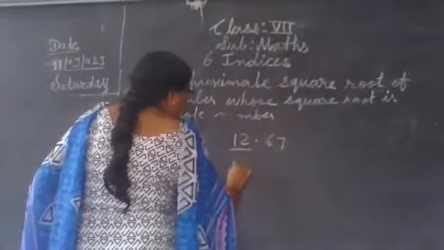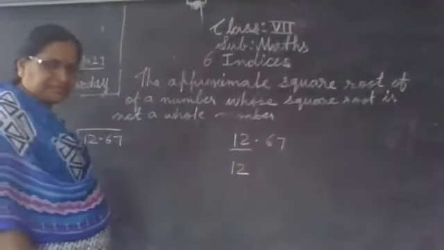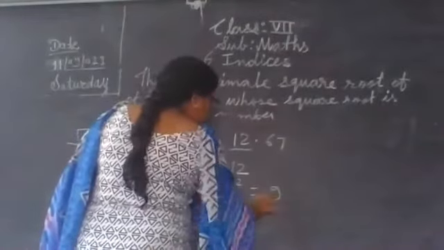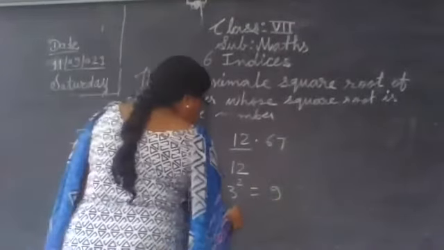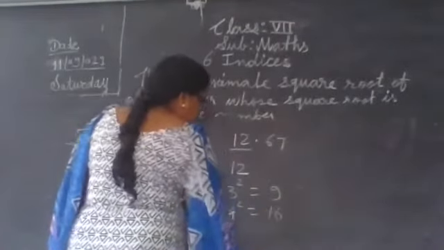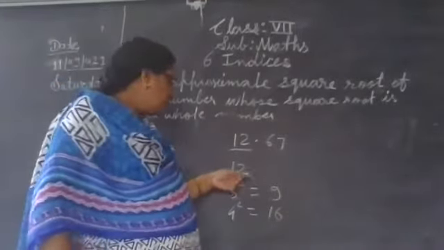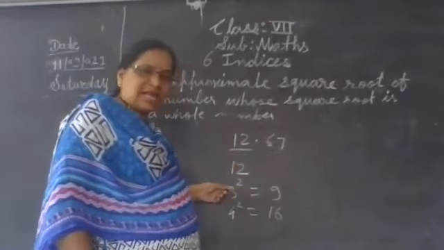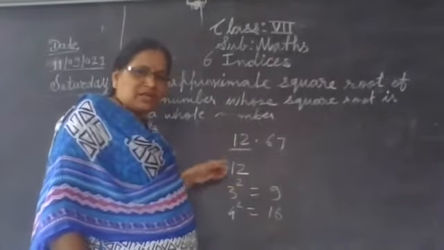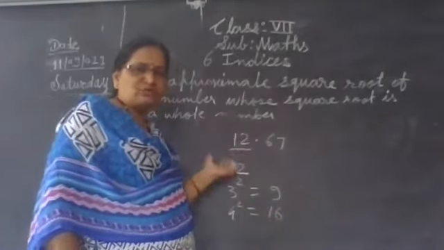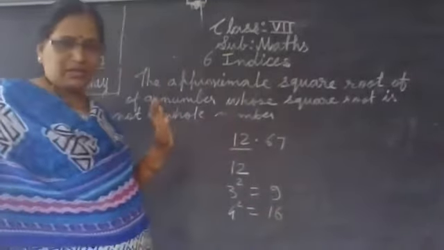Here the whole number is 12. See children, 3 square is 9 and 4 square is 16. So this 12.67 lies between 3 and 4. It means it is not a perfect square, so it would be 3 point something.